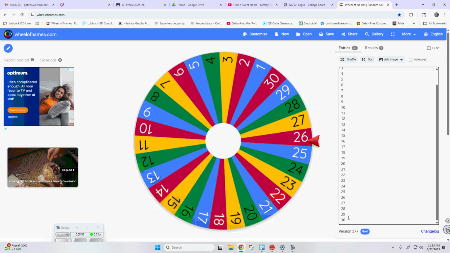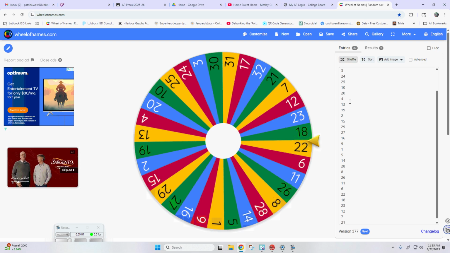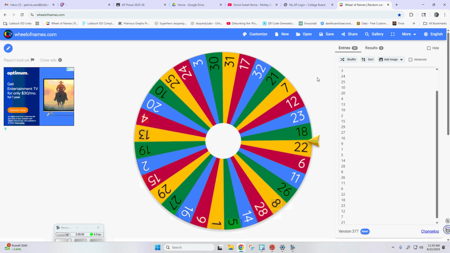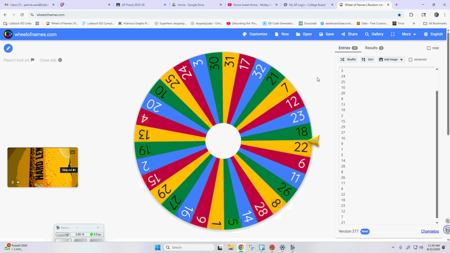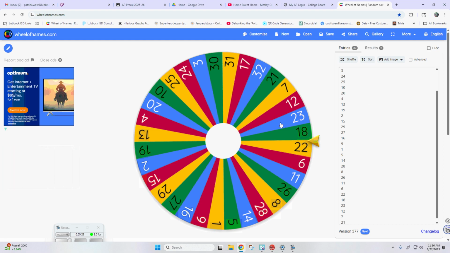So I'm going to have everybody's seat number in here. Let's give this a good shuffle. Okay. And then once I spin it, whoever number it lands on is the lucky winner. Now, I will tell you, especially in the beginning, if you are photosensitive of any kind, if flashing lights or quick colors kind of bother you, don't look directly at the wheel when it's spinning. Okay. All right, here we go.